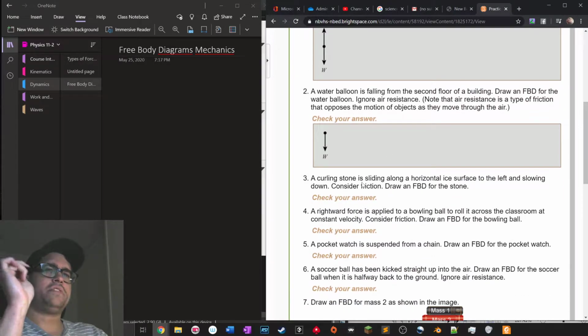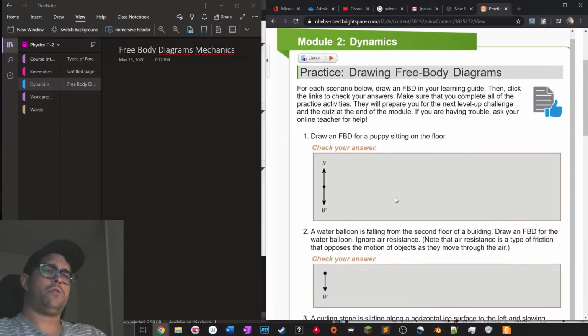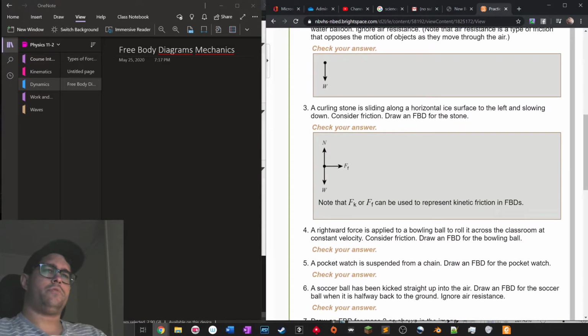A curling stone is sliding along a horizontal ice surface. Consider friction. So we would draw the weight, and there would be a friction vector pulling backwards. Hold up. There's also the weight of the curling stone and the normal force from the ice on the curling stone.